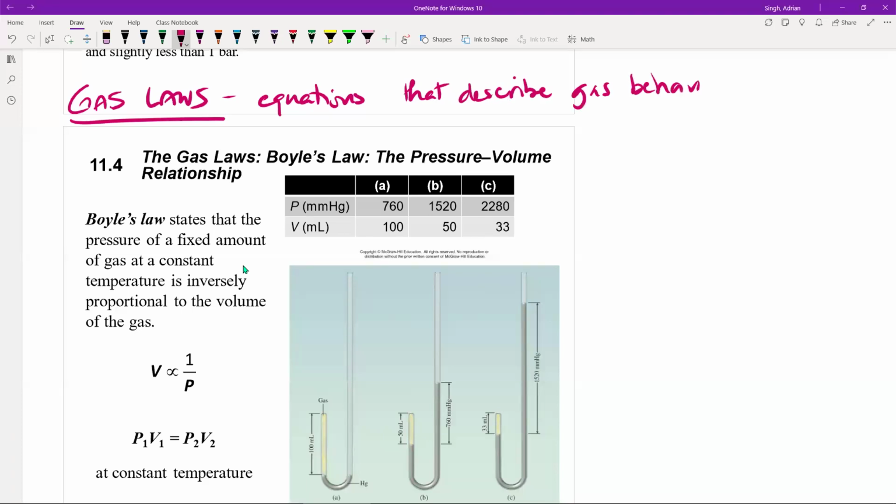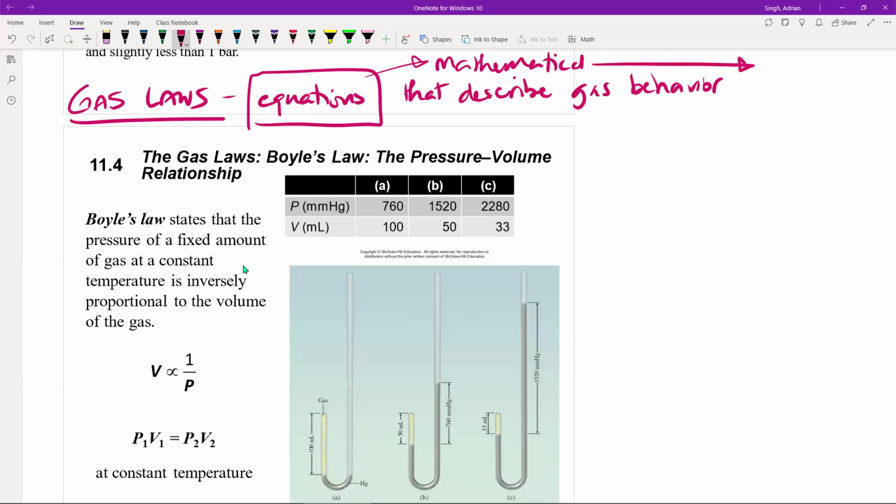And when it comes to these gas laws, again, the key thing is that they are mathematical equations that we're going to be using, which means that, yes, we're going to be doing a bunch of calculations. What is going to be very important when we start using the gas laws is your skill in manipulating equations.